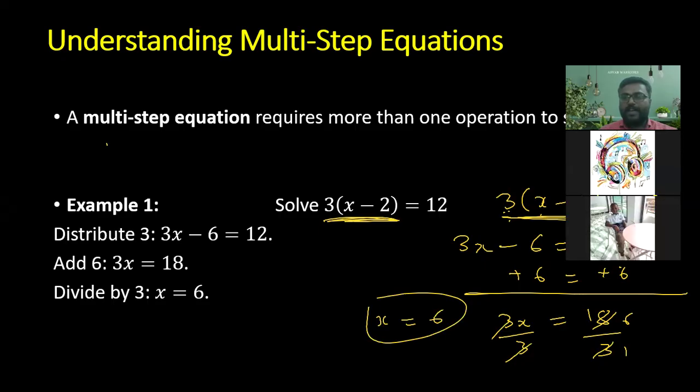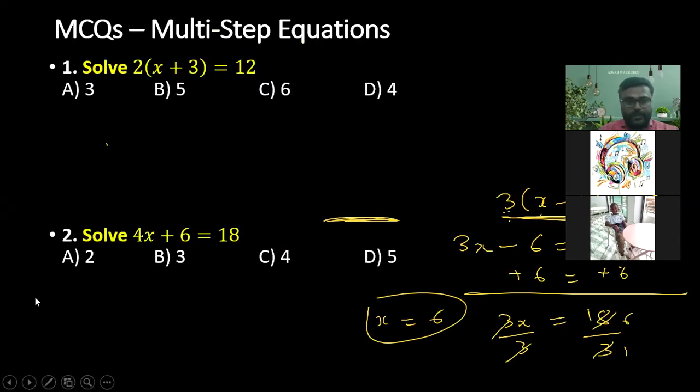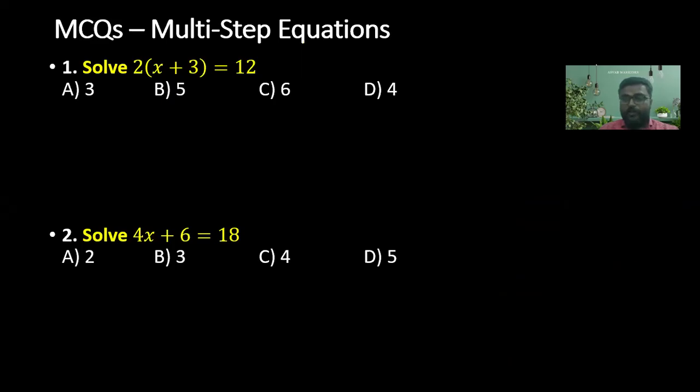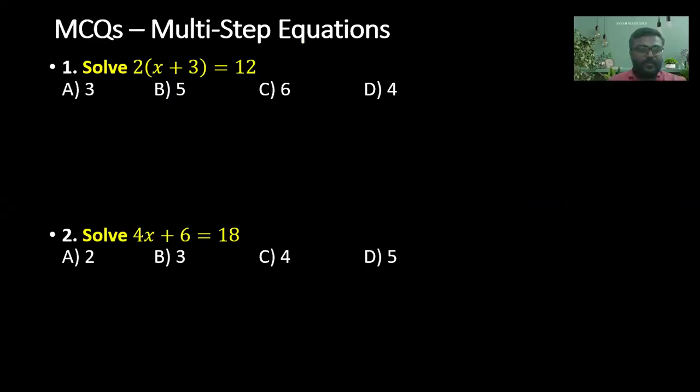That will be our answer, guys. Let's move on. I'm going to solve a few questions. Don't worry, so that you guys understand it pretty well. And I will be giving you lots of questions to solve. See here. 2 times x plus 3 equals 12.